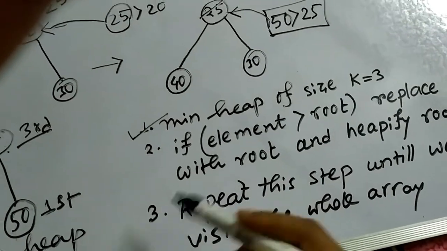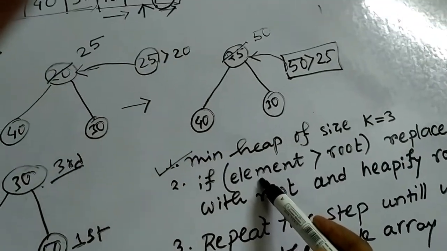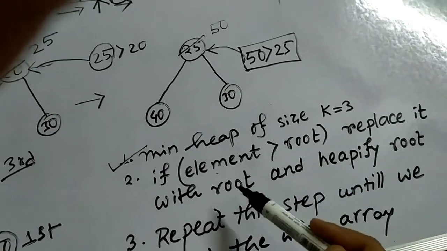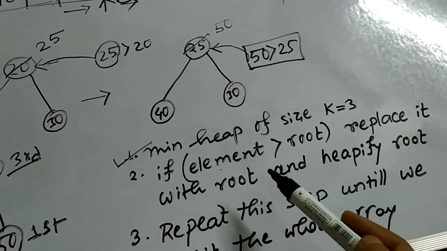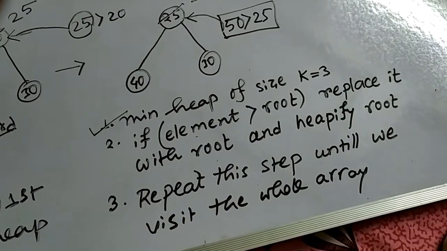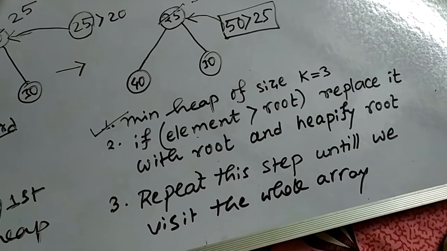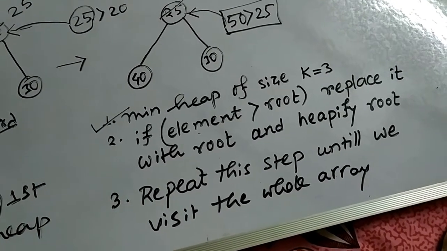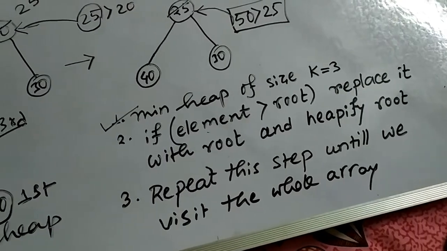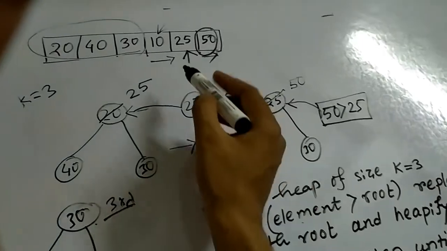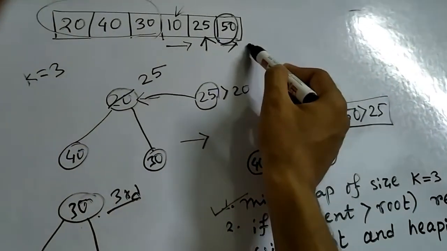If my current element is greater than root, then I will replace root with it and check that my min heap is still properly maintained or not. That is, I will heapify root. If you are familiar with heap, then you must know what heapify is. Then I will repeat the steps until I visit the whole array.